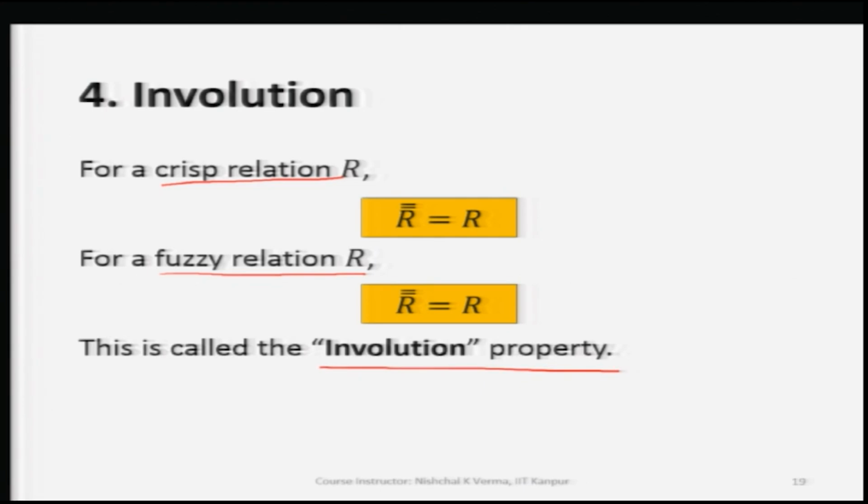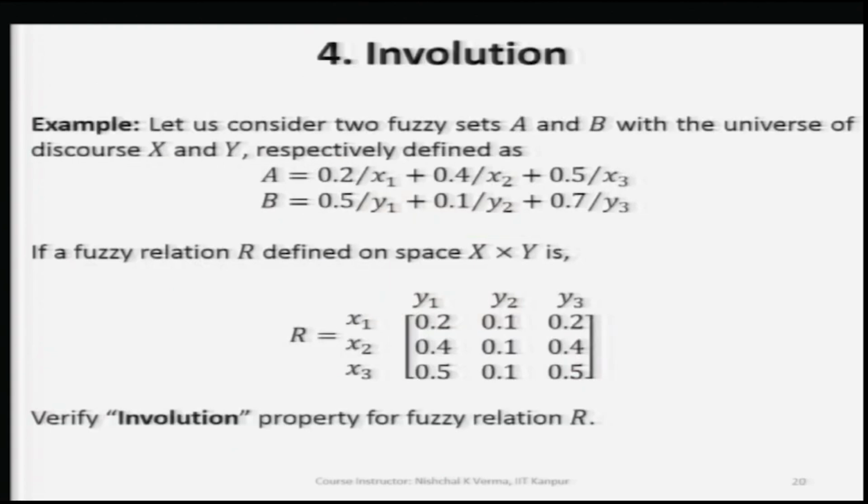So, let us verify this property for fuzzy relation R, with the same example as we have taken in the previous property. Again, we have two discrete fuzzy sets and the fuzzy relation set, represented in matrix form.